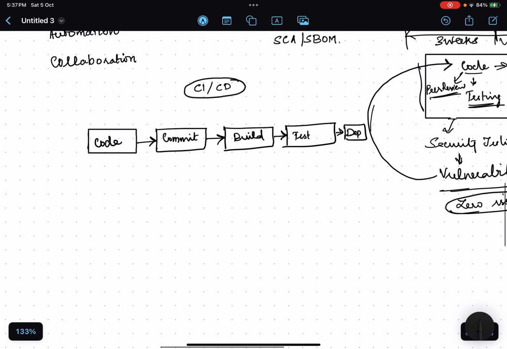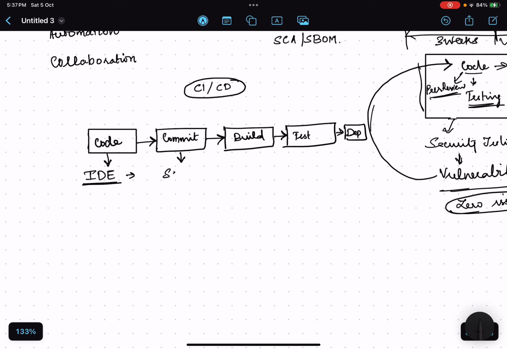So what we are going to do here is, at the code level itself, on the developer laptop itself, we have something called an IDE, right? There are scanning engines available which can sit at the IDE level and scan as and when the code is written. And when it is pushed to the repository, or when the commit is made, there are certain checks that can be made.